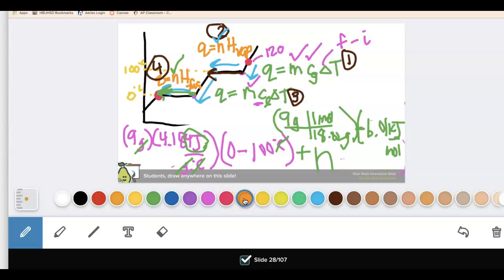So I'm going to put an opposite sign in front of my H constant. And then, again, I ran out of room, but I'm going to turn kilojoules into joules. 1 kilojoule is 1,000 joules. So 9 divided by 18.02 to get moles, and then our constant with a negative sign in front of it.